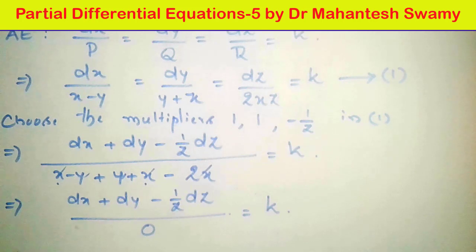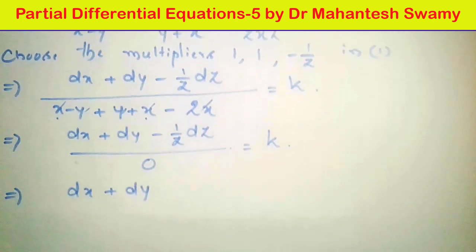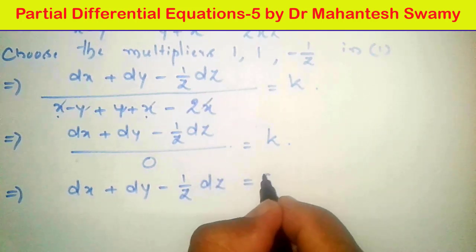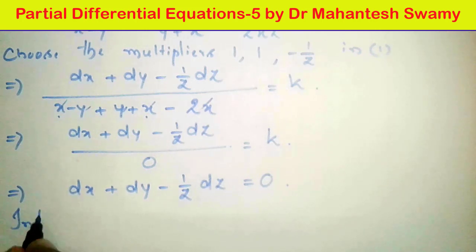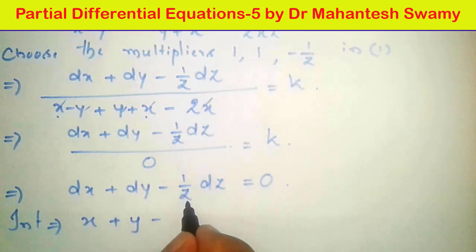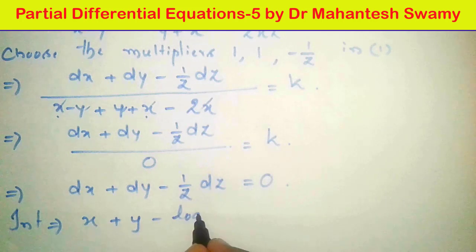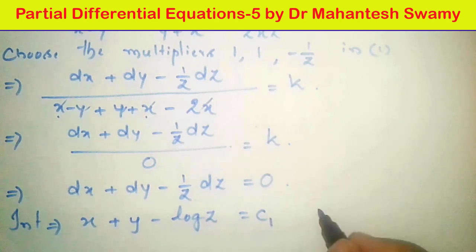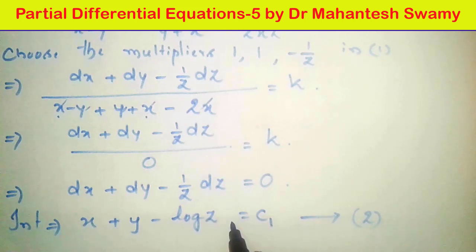In the next step, if we cross multiply, this is dx plus dy minus 1 by z dz equals 0, and when we integrate, integration of 1 with respect to x is x, plus integration of 1 with respect to y is y, minus integration of 1 by z with respect to z is log of z, and on RHS integration of 0 is 0, plus some constant of integration, that is c1. Let us call it equation number 2, and this is the first part of the solution we have obtained.